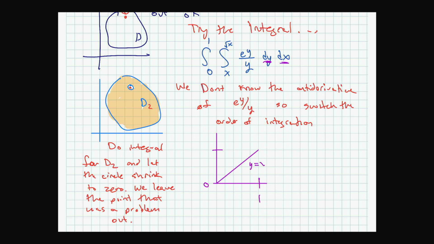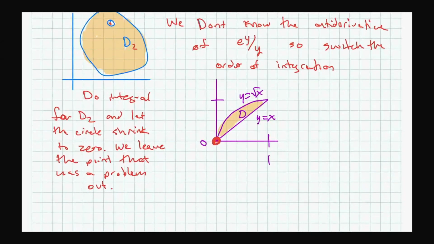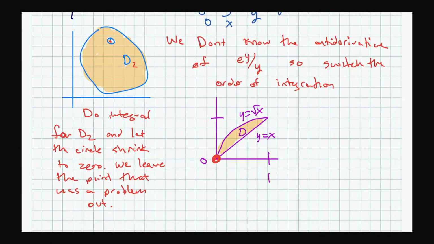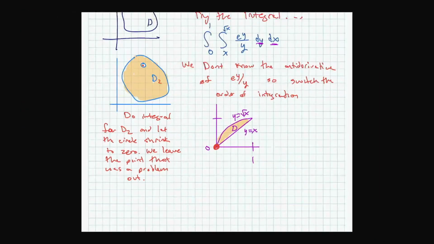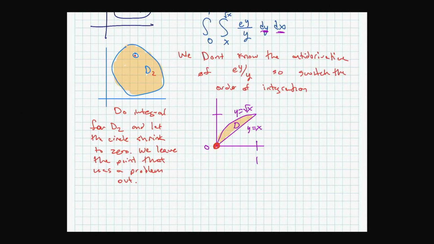This is y equals x. And then square root x looks like this. The region D is the region in between there. And the problem point, by the way, was right here. But again, we're just going to ignore it and hope it doesn't cause an issue, is all we're going to do. So there you go.